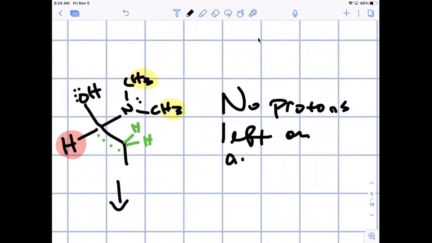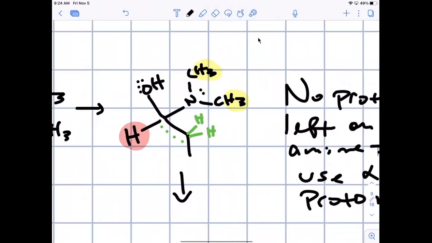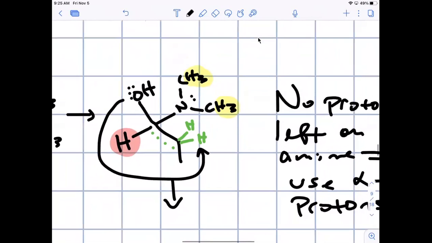There are no protons left on my amine, so we'll use the alpha protons. Remember, alpha just means the protons on the carbon adjacent to where your functional group is. So I'm going to do a proton transfer. I don't want to draw this. It's going to be ugly, but we'll take it. We'll take that pair of electrons right there, and then let me fix this.